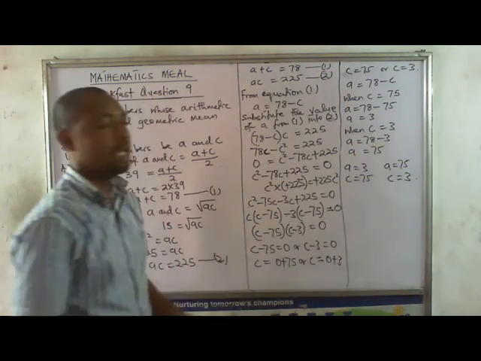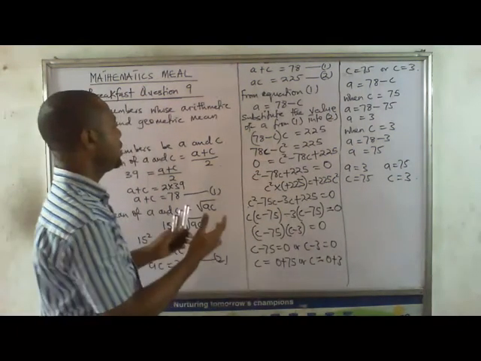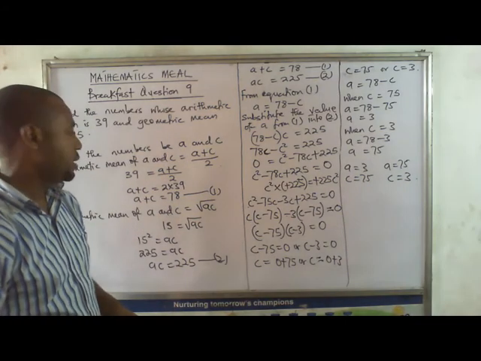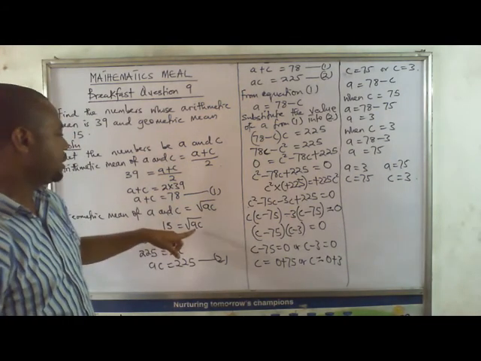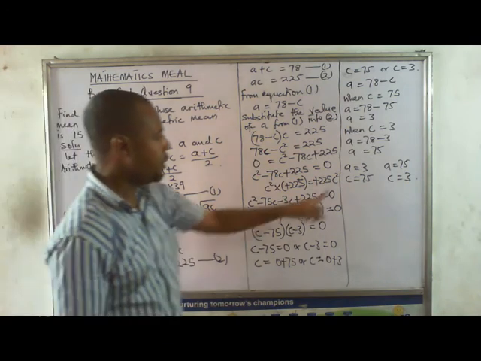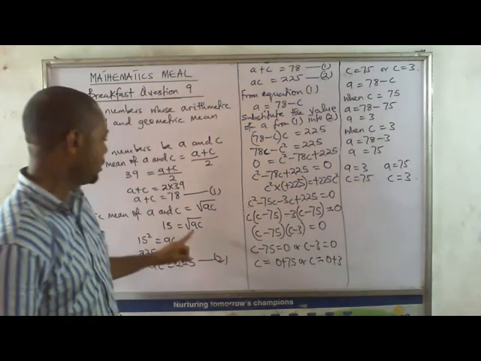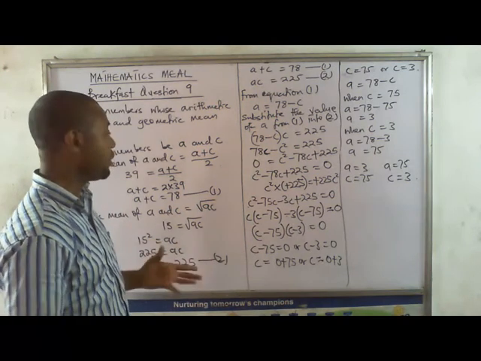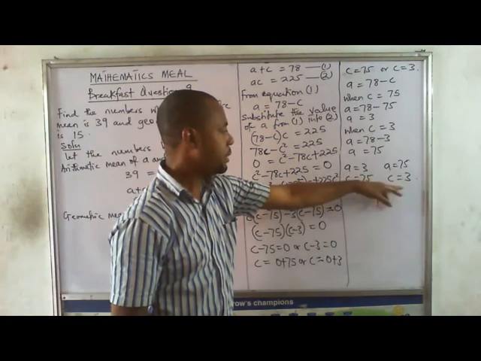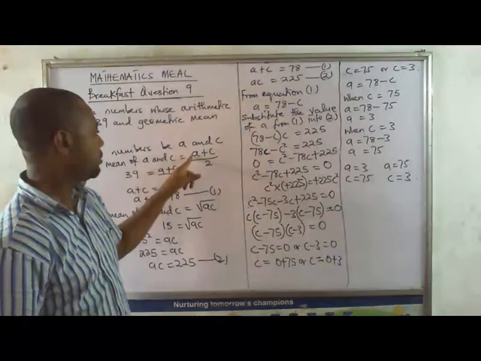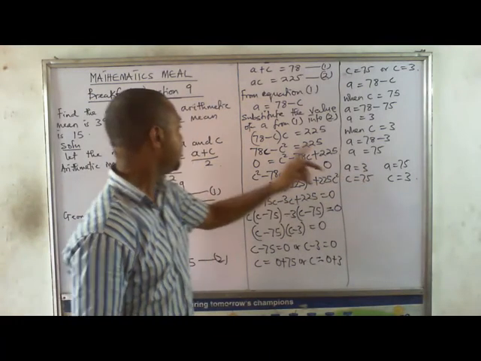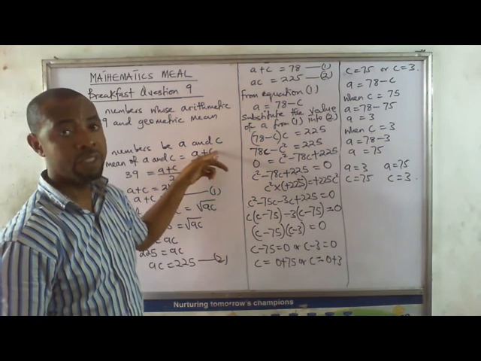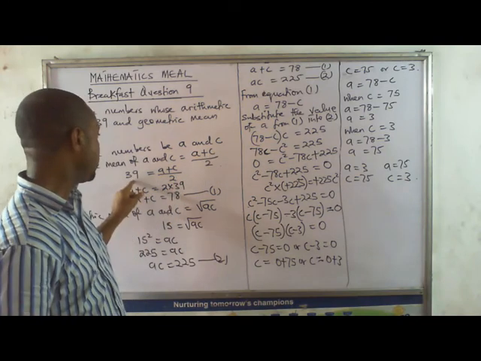These two will actually satisfy the condition for arithmetic mean and geometric mean. If A is 3 and C is 75, 3 times 75 is 225, and the square root of 225 is 15. The same thing applies when you interchange them. Also, if A is 3 and C is 75, 3 plus 75 will give us 78, and when 2 divides 78, we have 39.